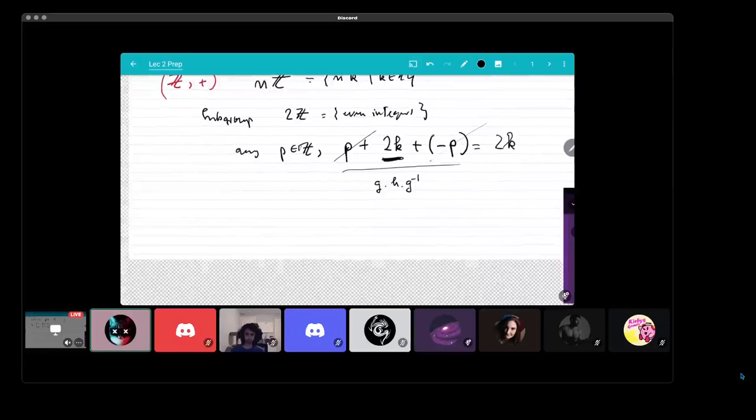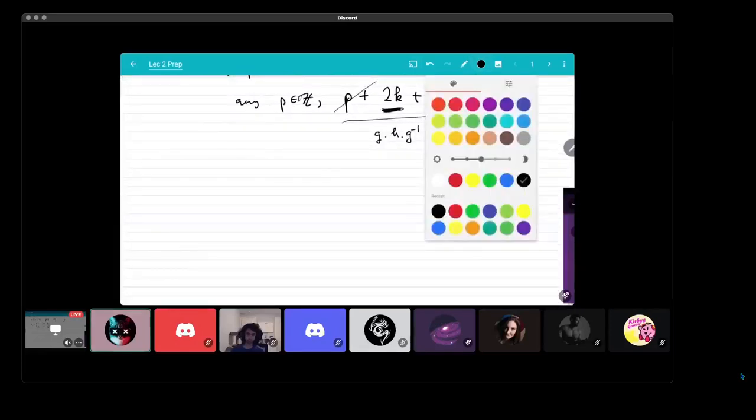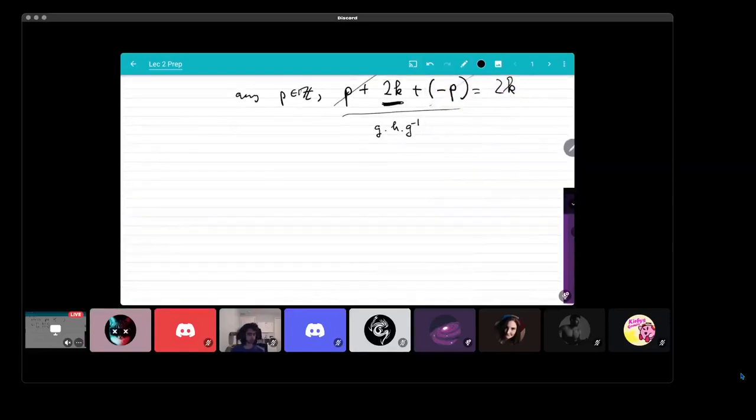Now, about the subgroup itself that is normal: do elements in H commute? I think that's the question. If H is normal in G, and we take h1, h2 in H, is h1 h2 the same as h2 h1? No, it is not.